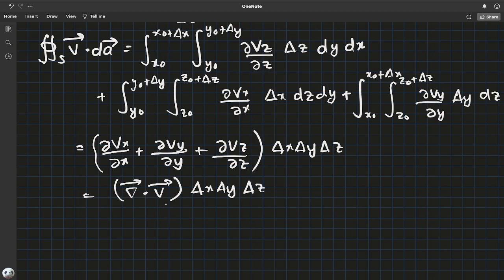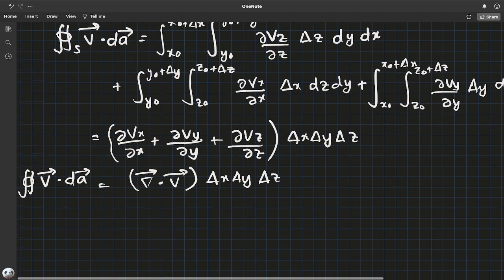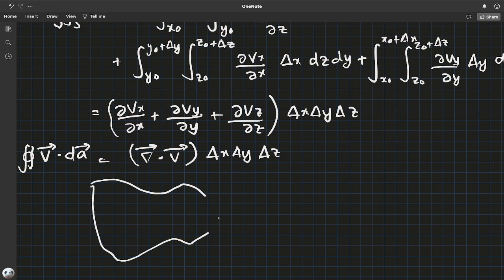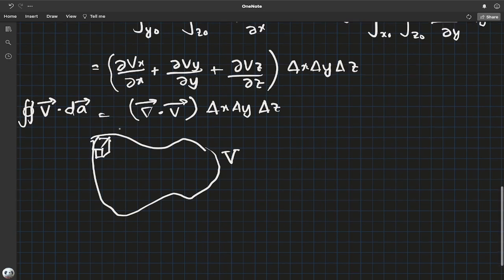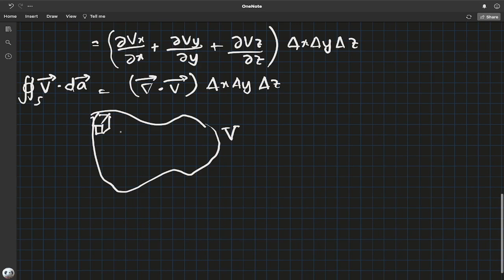And again, as we did before for Stokes theorem, we can take some arbitrary volume, call it capital V, and fill it up with these differential cubes that we initially started with.